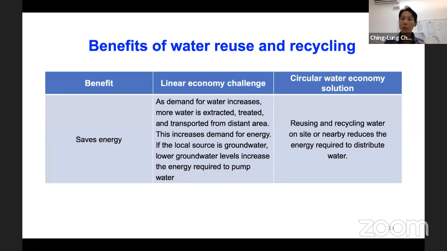So they will use lots of pumps and lots of machines. So if some industries can reuse the water on site, then they don't need to use lots of water from the wastewater treatment plant. So the wastewater treatment plant can save some energy in distributing water to the industries.